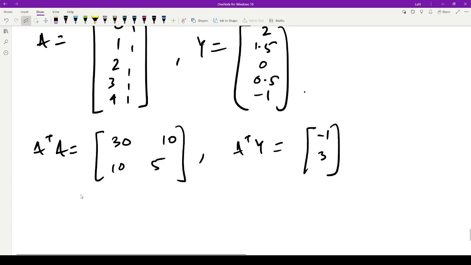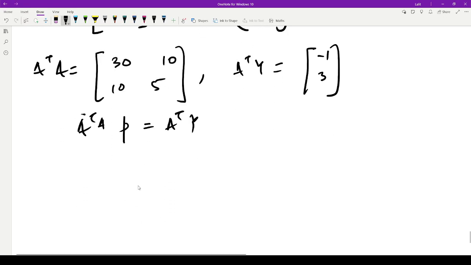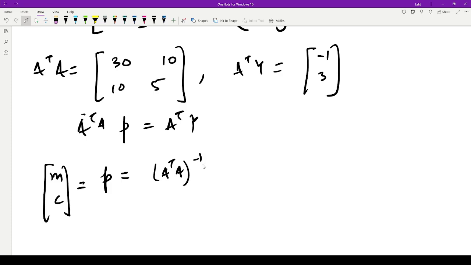So what you have to find is A transpose A into P. X here is P, sorry. A transpose AP equals A transpose Y. So our parameters P, which contains both the slope and intercept, is (A transpose A) inverse A transpose Y.